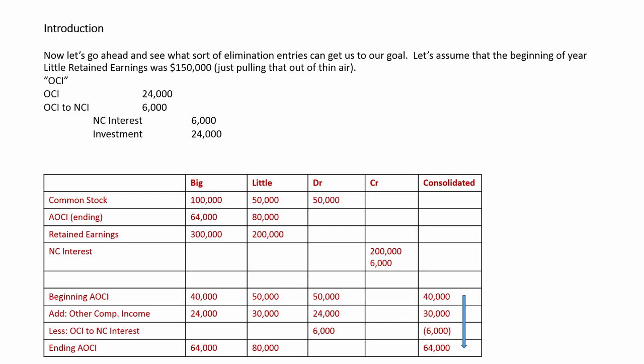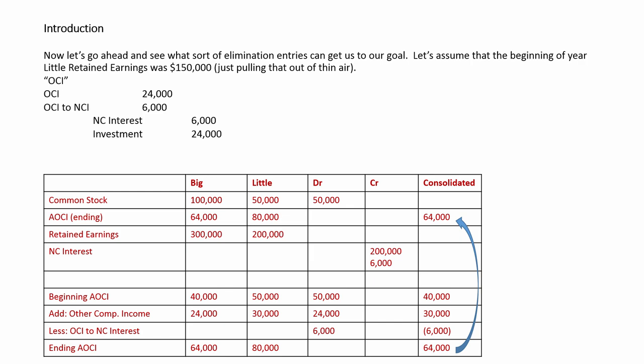So our ending accumulated other comprehensive income is $64,000, which we then transfer up to the balance sheet as ending accumulated other comprehensive income. Just to summarize what we are reporting here: on the consolidated balance sheet, we are reporting $64,000 of accumulated other comprehensive income, and that is BIG's AOCI.